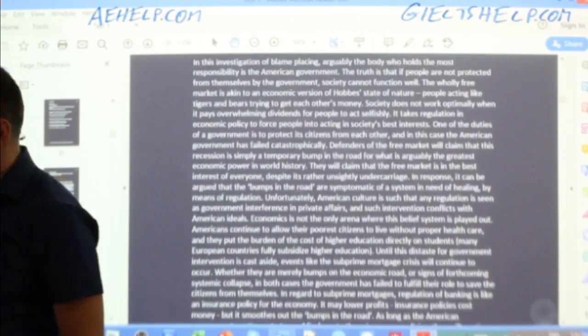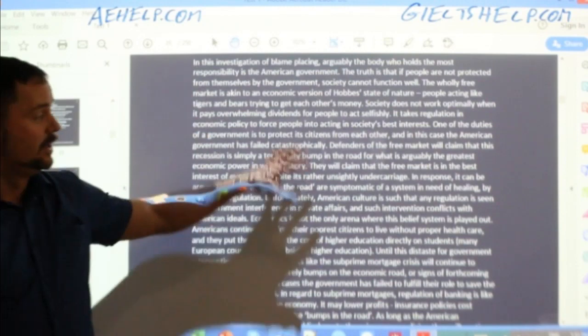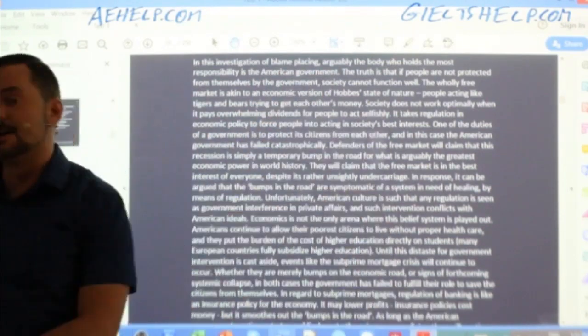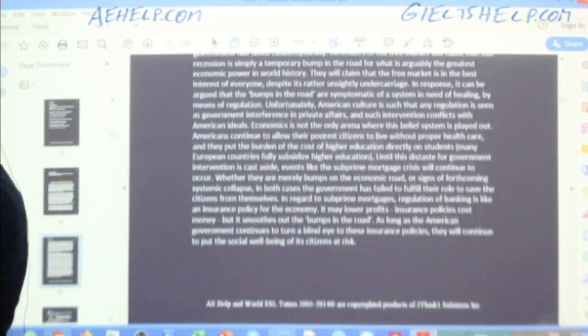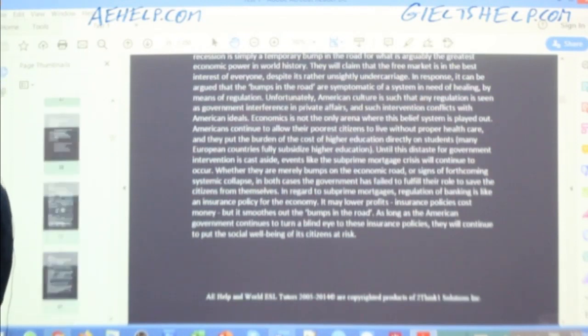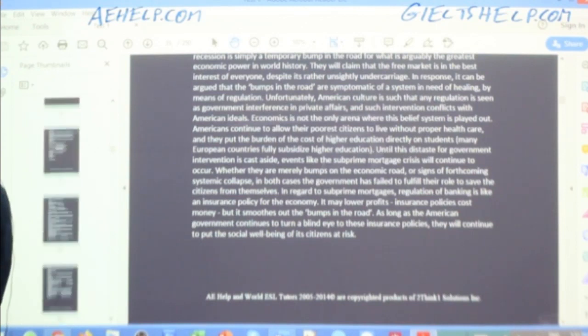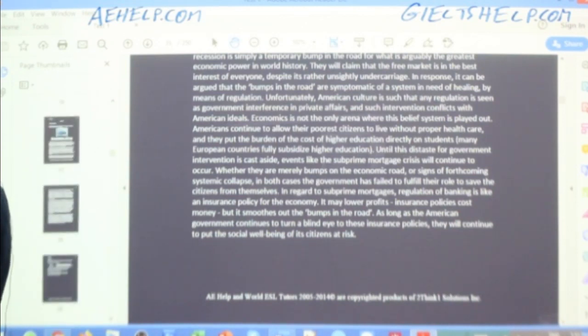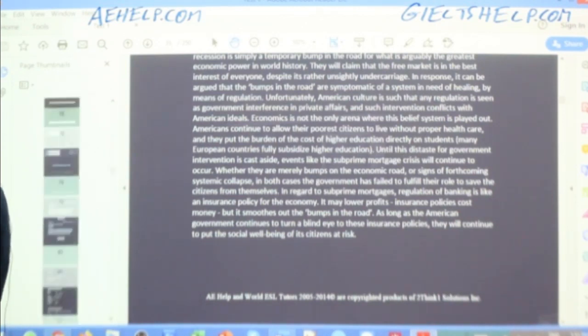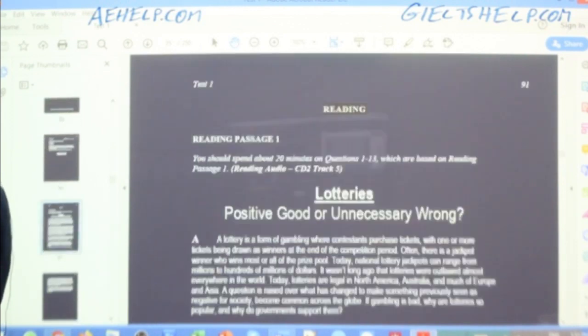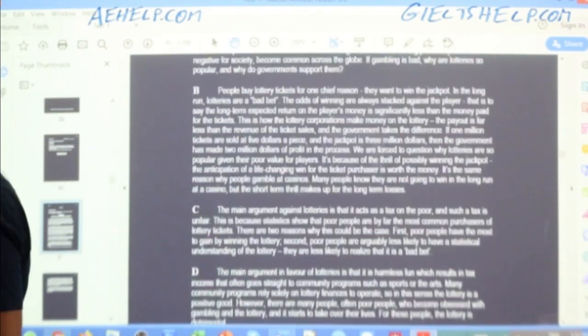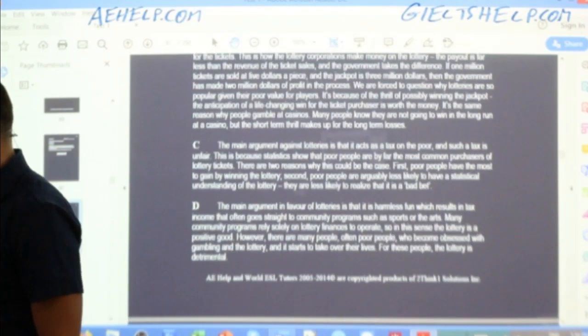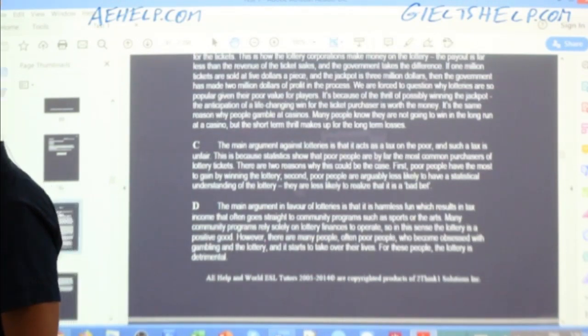This one looks like a really long paragraph, but it is still all just talking about government and economic crisis. But I know there is a short one that's like that.